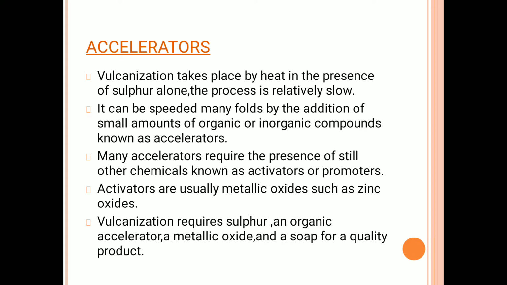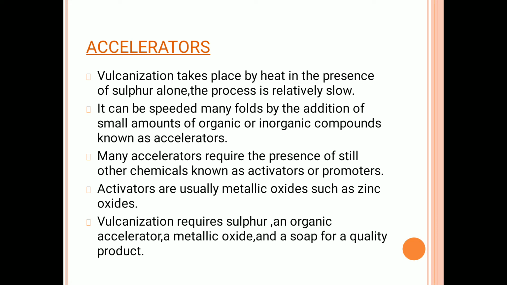So, in order to speed it up many fold, small amounts of organic or inorganic compounds are added, and these are known as accelerators. Many accelerators do not work alone. They require the presence of other chemicals, which are called activators or promoters. Activators are usually metallic oxides such as zinc oxide.